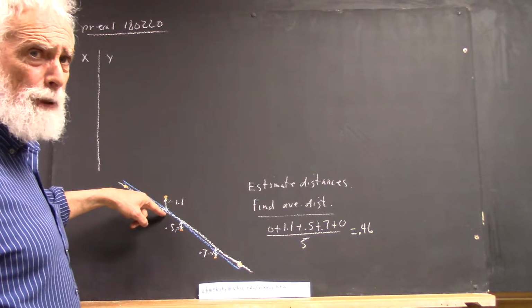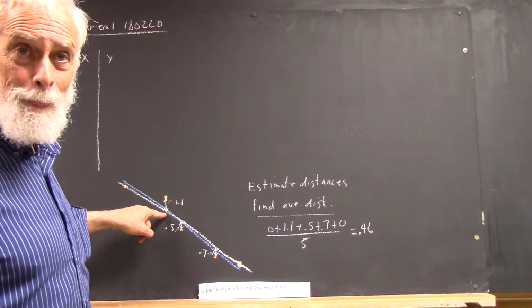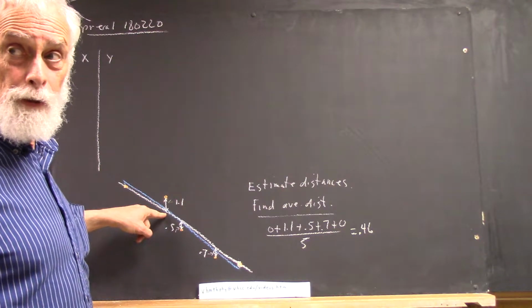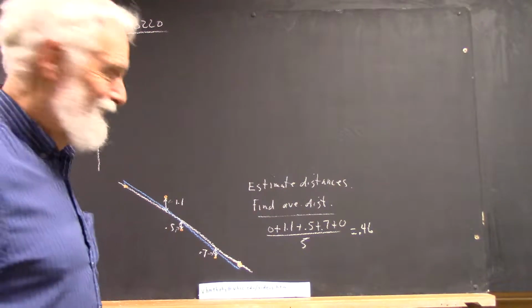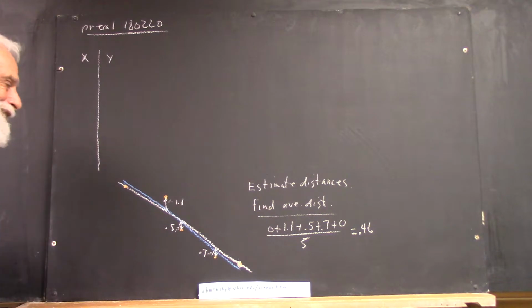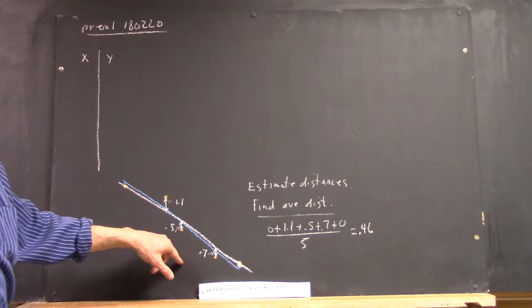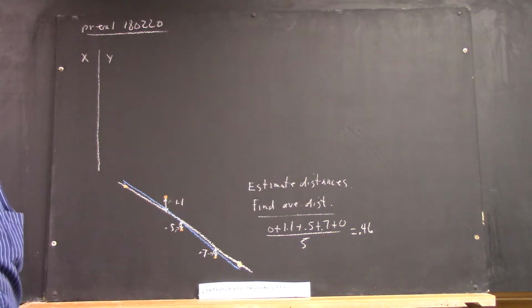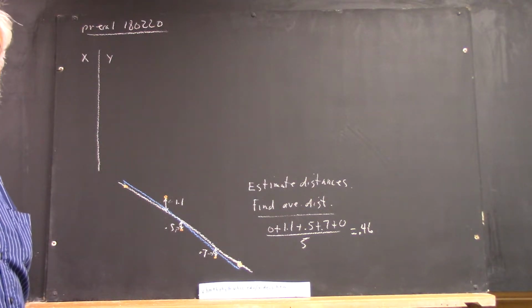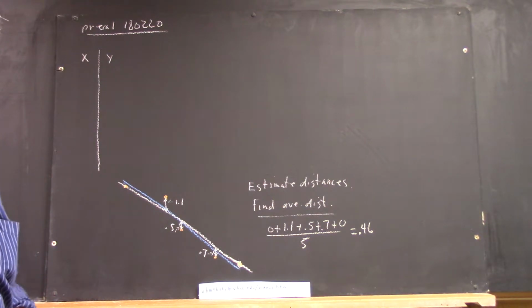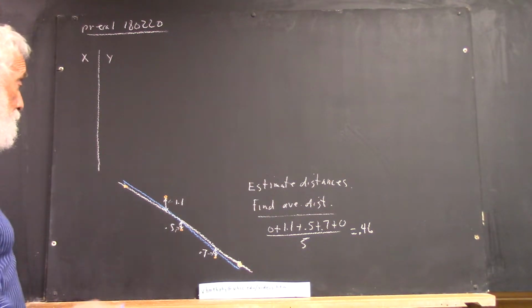So I probably didn't draw the best possible line, did I? What I want to illustrate is you're going to get a different average, and if you practice this a little bit, you can improve the average, but especially you can improve the squared average. Okay? So, here we go.